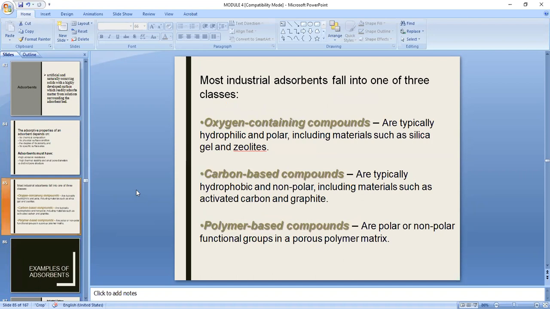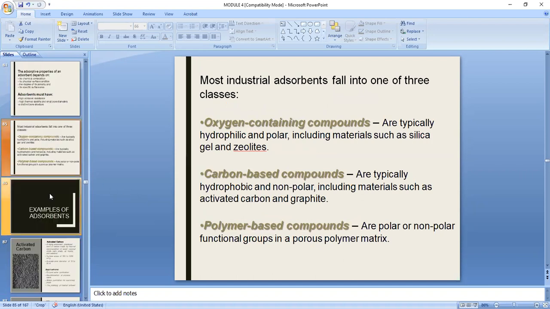Most industrial adsorbents fall into one of three classes. Oxygen-containing compounds are typically hydrophilic and polar, including materials such as silica gel and zeolites. Carbon-based compounds, on the other hand, are typically hydrophobic and non-polar, including materials such as activated carbon and graphite.